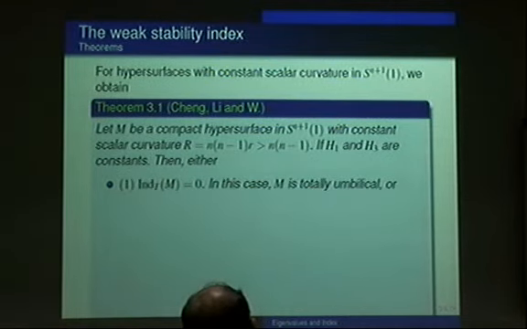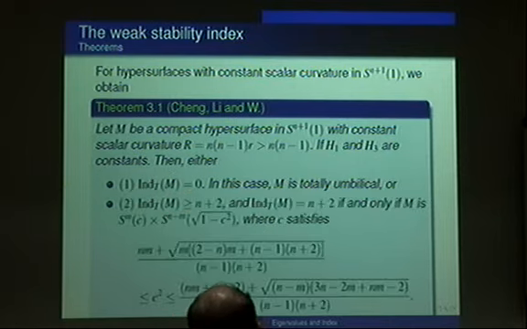So now we give some results about the weak stability index. For hypersurfaces with constant scalar curvature, if M is a compact hypersurface in a unit sphere with constant scalar curvature, and H1 and H3 are constants, then the weak stability index equals 0, in which case M is totally umbilical.